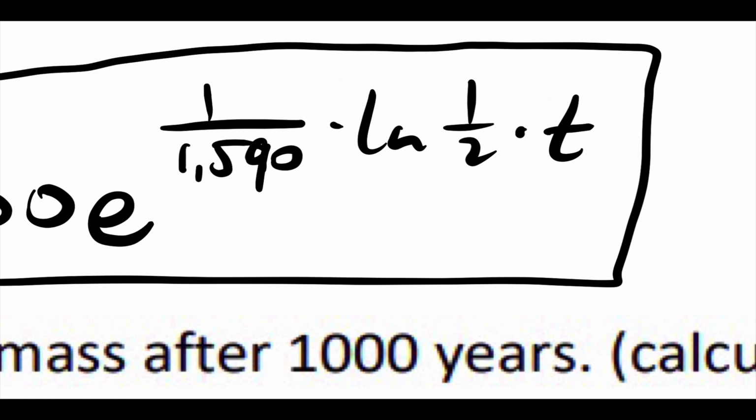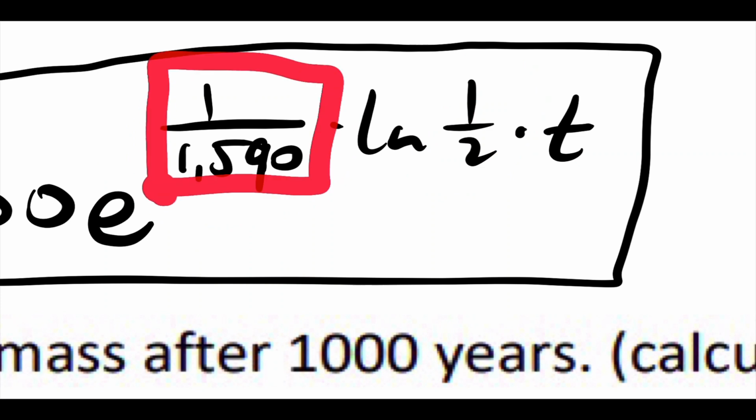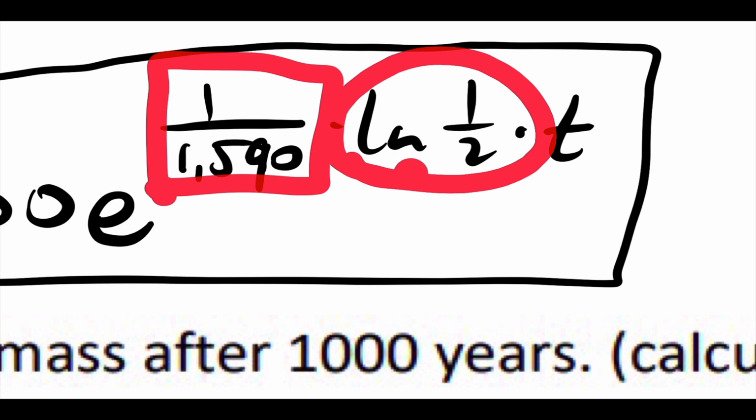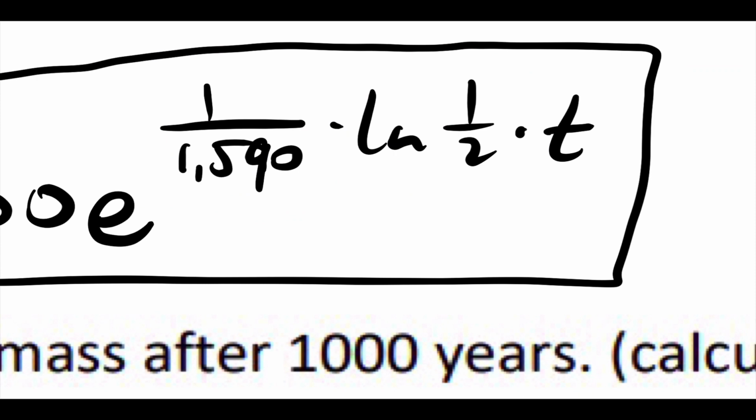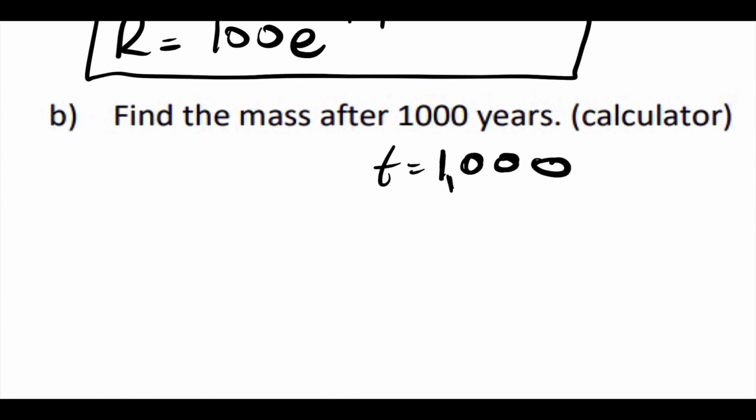Because this is a decimal that goes for a long time, probably a non-repeating decimal. This guy here too, same thing. Because this is an exponent, it's going to magnify any rounding that you have, right? So we do not want to do that.